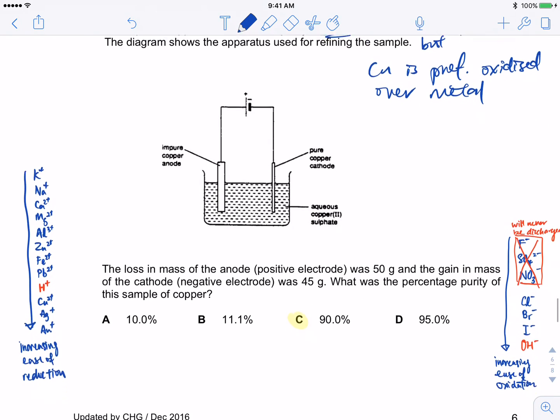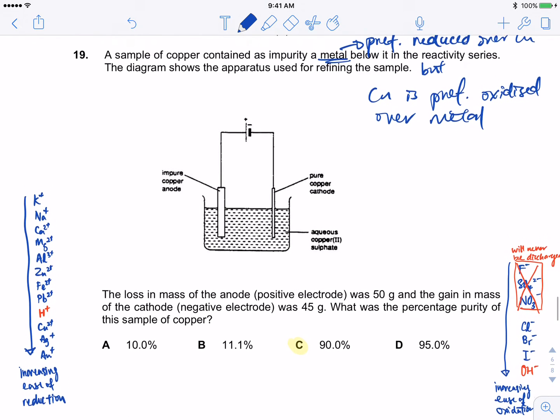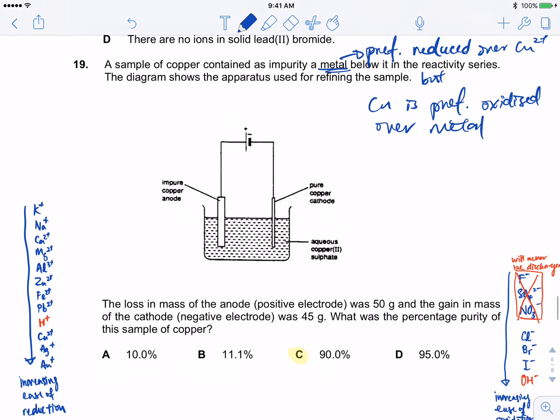Okay, remember lower is easier to reduce, but higher is easier to oxidize.